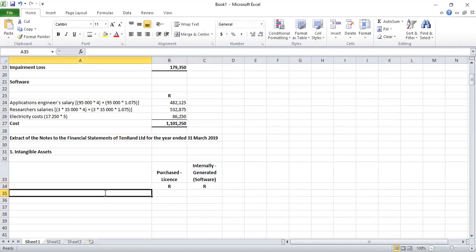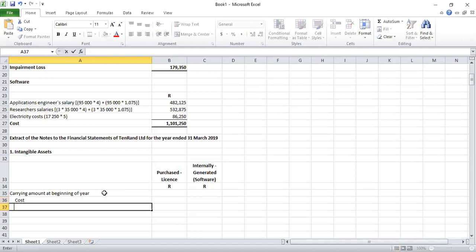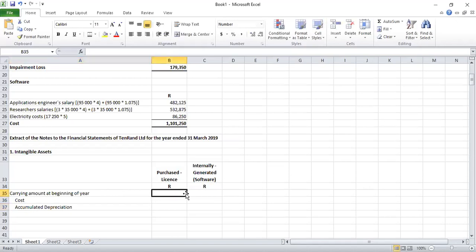Right, we'll start with our carrying amount at the beginning of year, which is made up of the cost and the accumulated depreciation. Right, the license was acquired during the previous year.